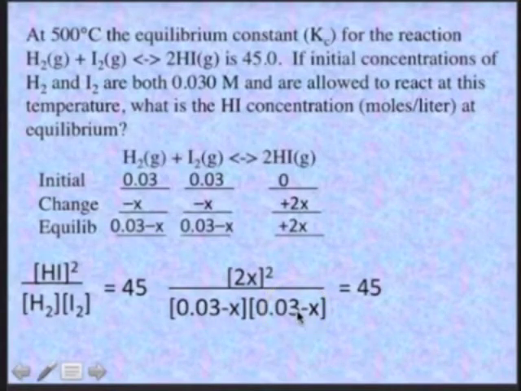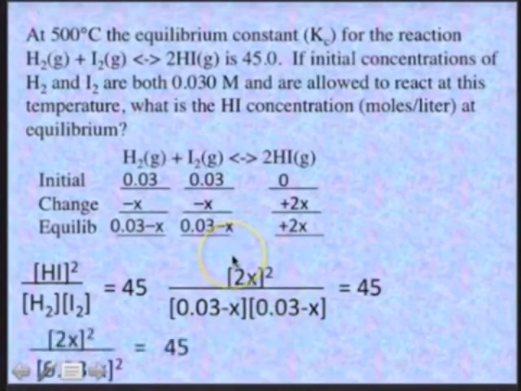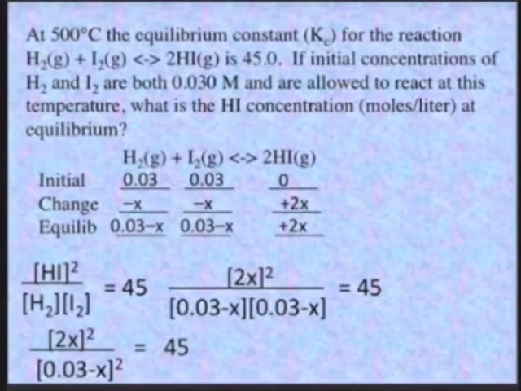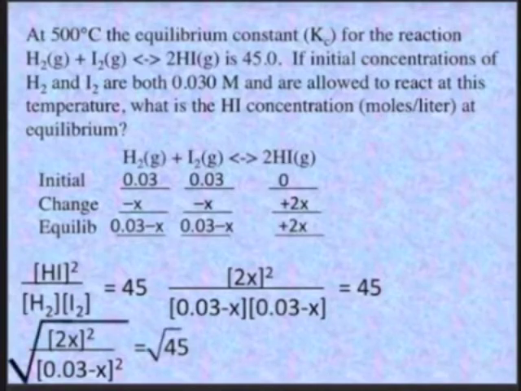If you take a good look at what we have here, you've got a squared term in the numerator and a squared term in the denominator. And this is what makes this really cool, because you can take the square root of both sides and get rid of the square term in the numerator and denominator.